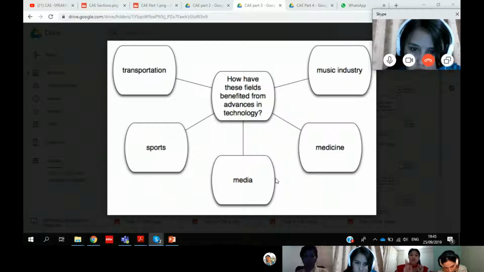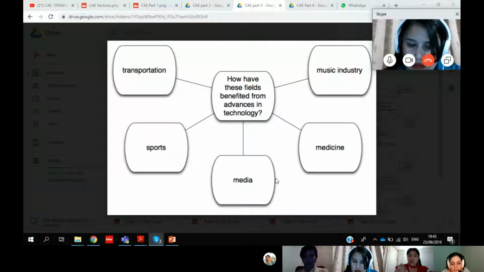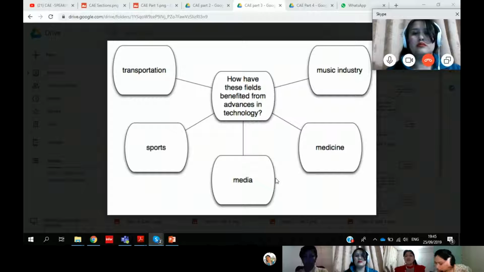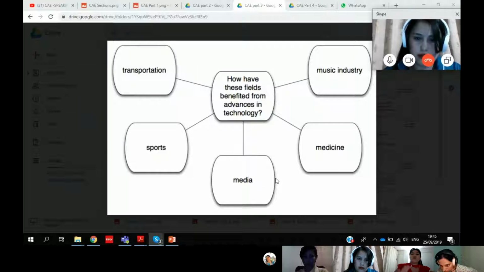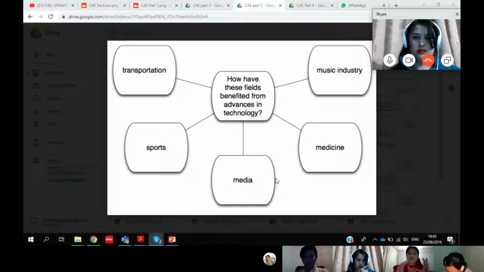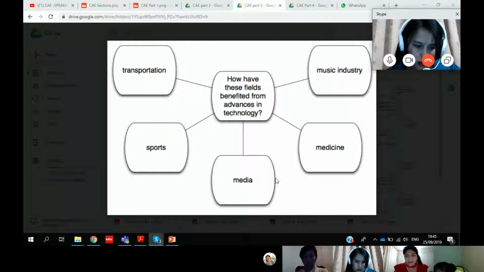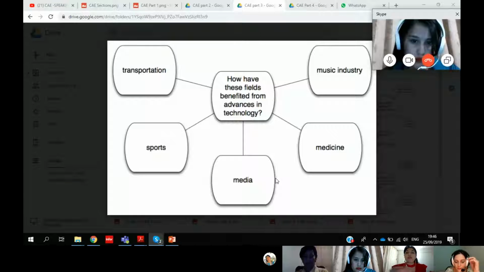Then you have 2 minutes, Marcela and Luz, to speak about this topic. For example, Marcela is going to start: for me, I think transportation, sports, media, medicine, music industry, and so on. Then Luz is going to agree or disagree with Marcela, or Marcela with Luz. So it's like a kind of discussion for 2 minutes. Then Mark and Joanna are going to do the same but with another topic.